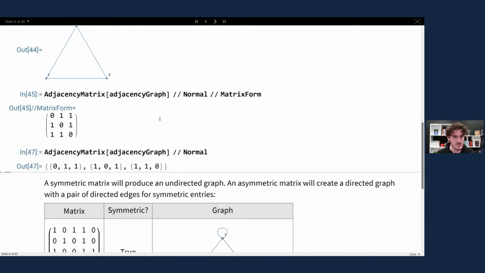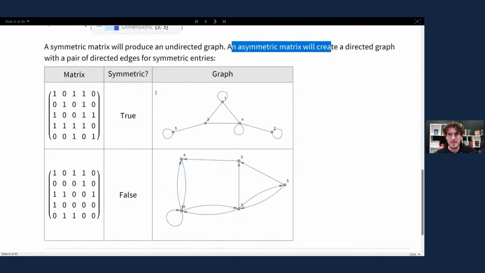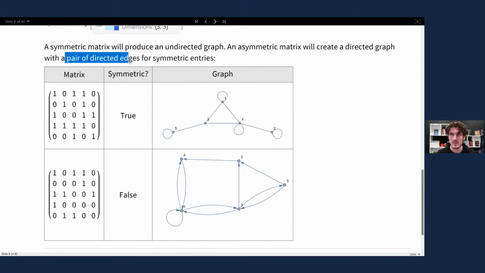As I said, a symmetric matrix will produce an undirected graph. An asymmetric matrix will create a directed graph. The asymmetric matrix may have certain elements that are symmetric, in which case you would have a pair of directed edges.